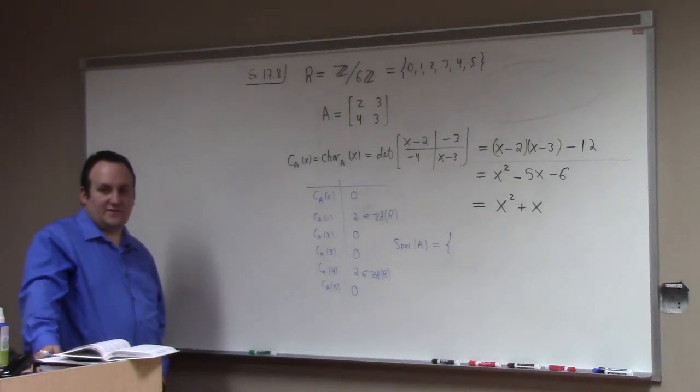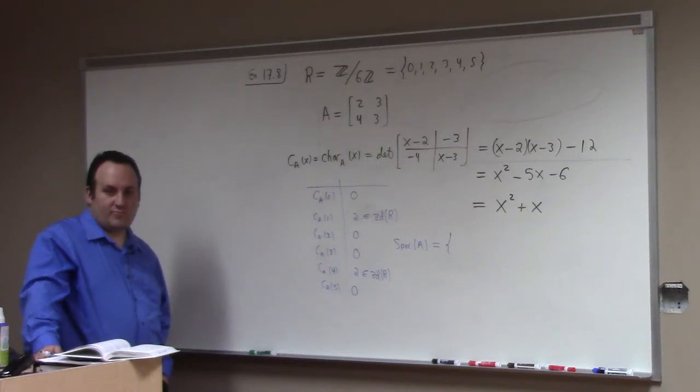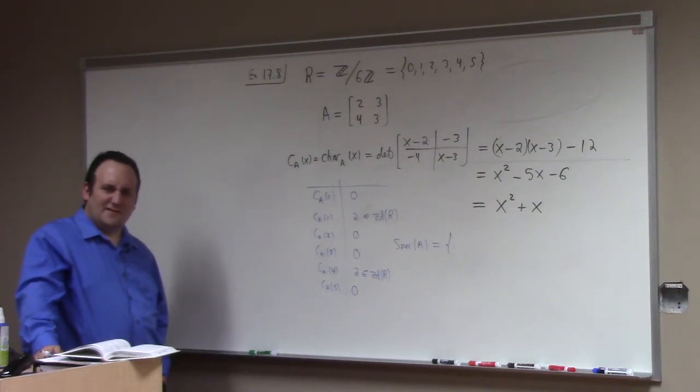Much like I was just convincing myself in our more exciting example over there, the spectrum is everything. I start to think finding matrices in this kind of context which don't have a spectrum of everything is actually kind of special.